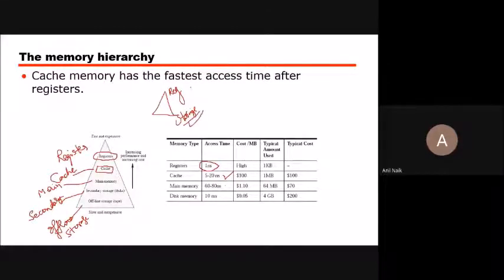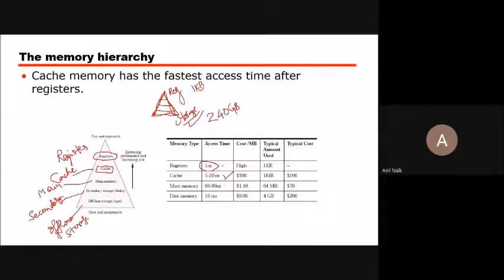The register stores data in terms of KB, 1 KB, and here it is in terms of, say, a 240 GB hard disk. That's why it is in a triangle shape. Cache memory, main memory, and all.